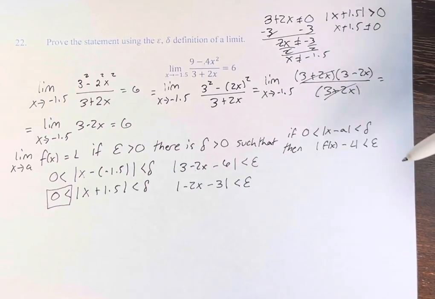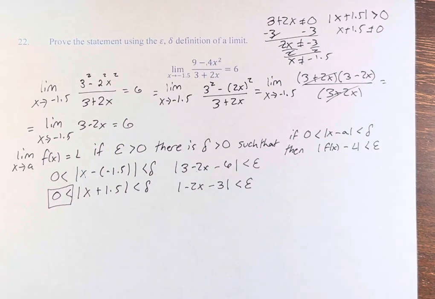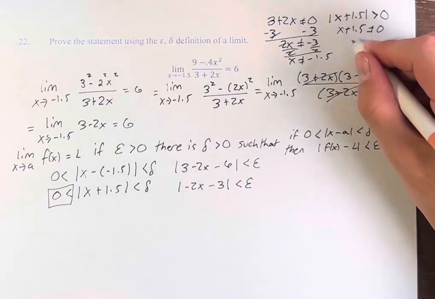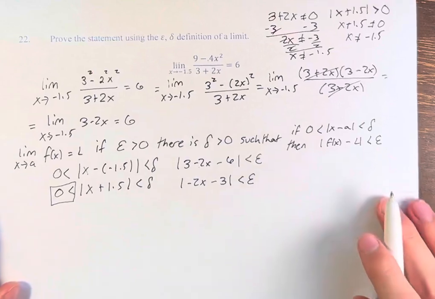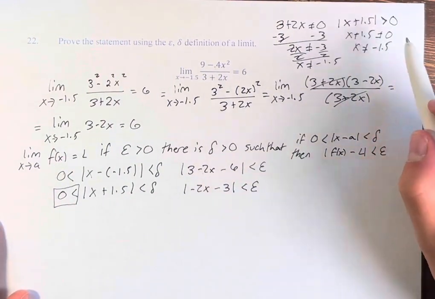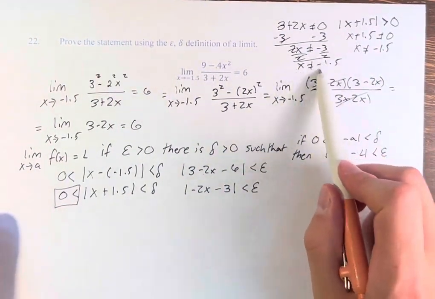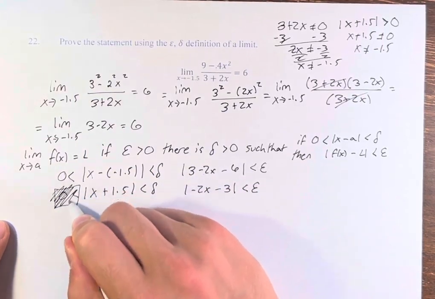However, we knew it's already not equal to any of the negative numbers because it's an absolute value. If we solve this, this restriction is only telling us that x is not equal to negative 1.5. We already knew that this is not a problem from earlier, so we can just eliminate this.